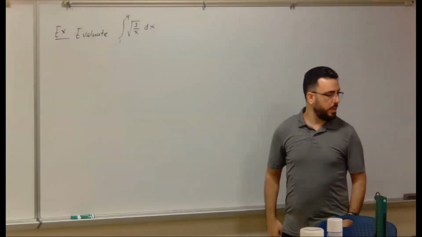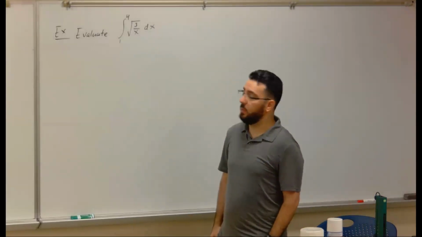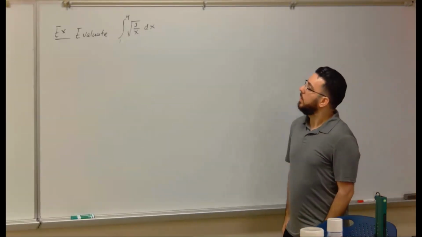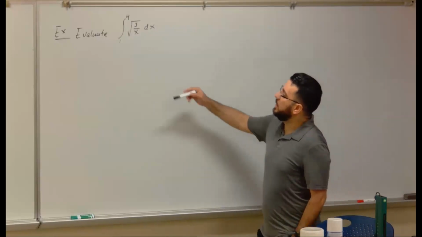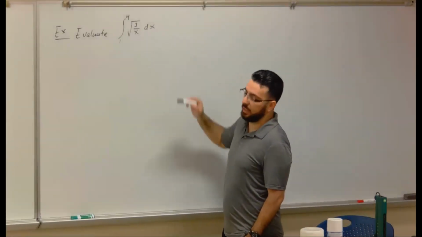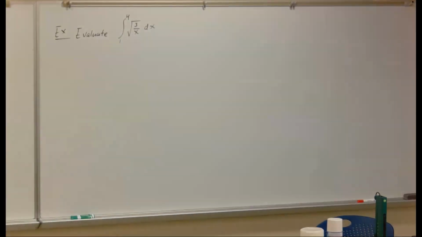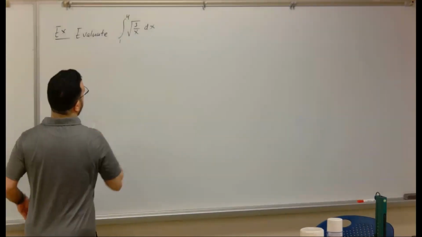Here, our next example: evaluate the definite integral from 1 to 4 of the square root of 3 over x dx. The important thing here is that you have to know how to find the integral. So how am I going to find the integral for this one? It's the square root of 3 over x.